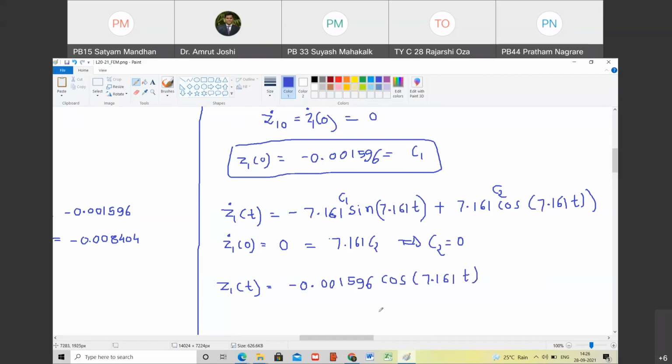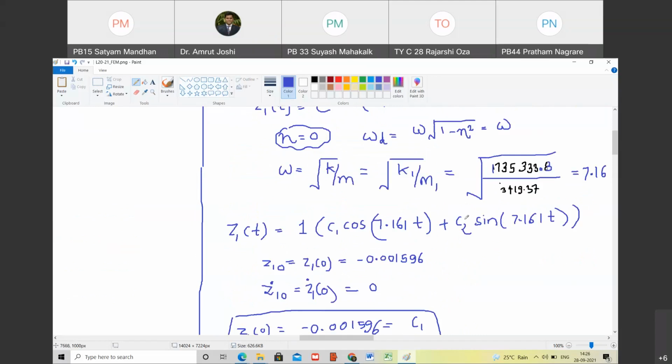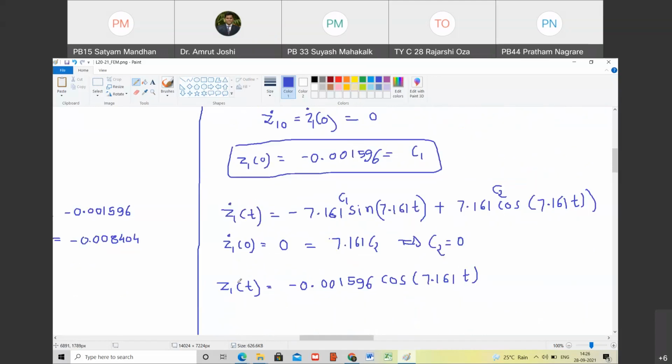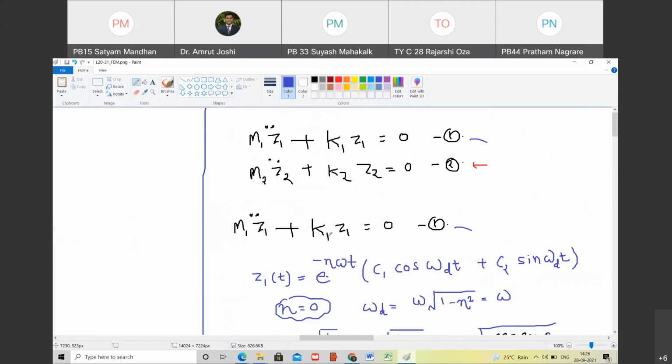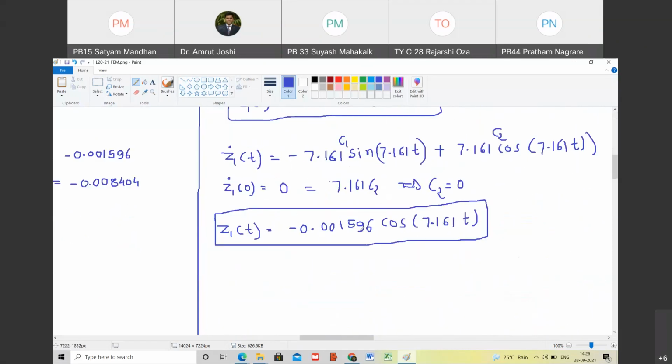Yes, sir. Plus C2 times sin, but C2 is 0, so we don't bother about it. Now you have to understand that the system will keep on oscillating forever because the cos function will fluctuate between minus 1 and plus 1 forever. That's true because we have not considered damping in the system. Are you with me? Yes, sir.